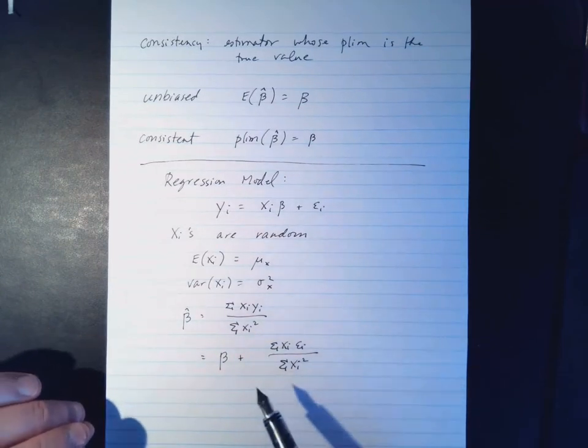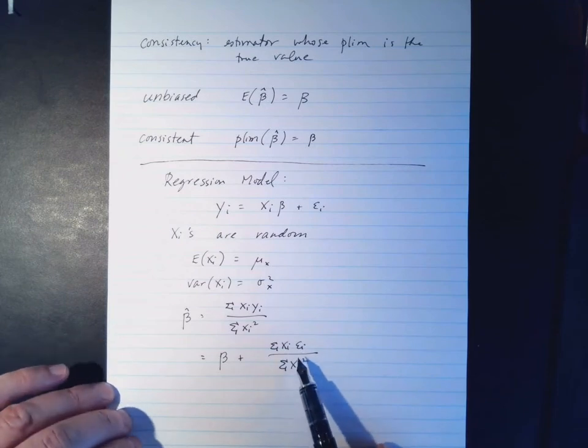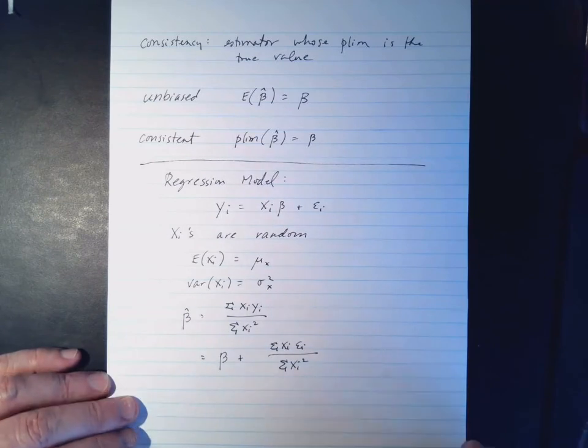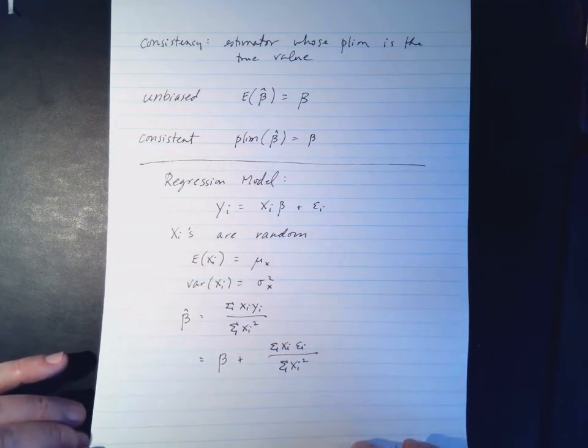Previously, when we took the expectation of this, we've always been able to invoke the fact that x is non-random, so it's a constant, and we can bring it outside of the expectation. This is the step now where we can't do that anymore. We're going to run into a problem.